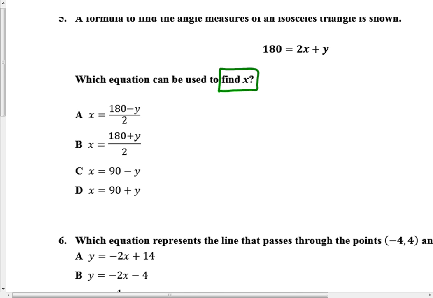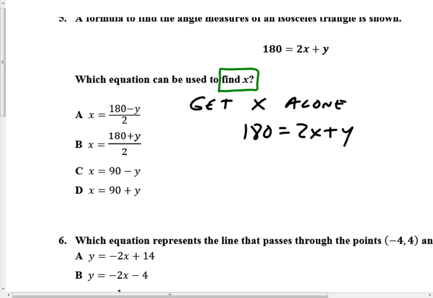When you want to find x, what are you doing? Get the variable alone. So I'm going to get x alone. Here's what I want. By the time I'm through, x should be all alone on the right-hand side.